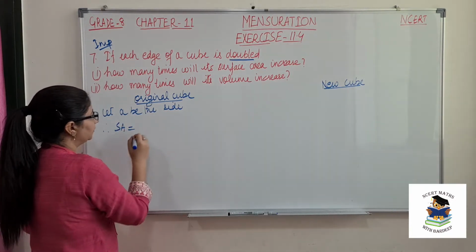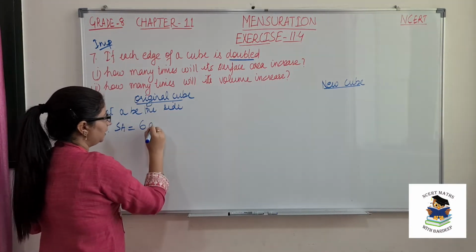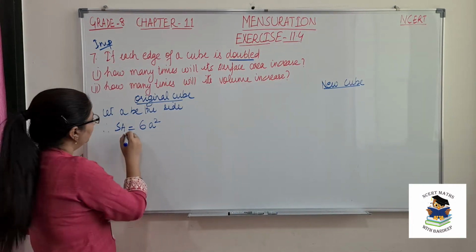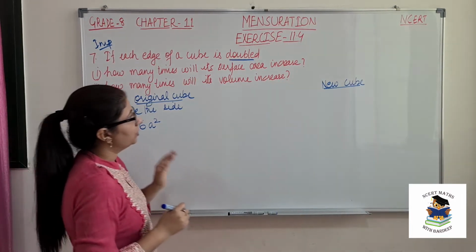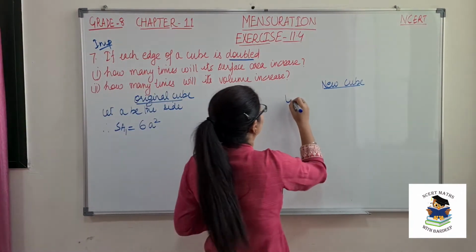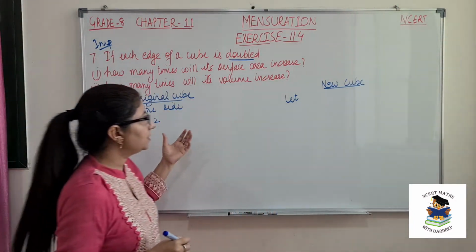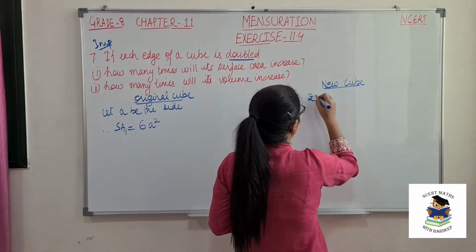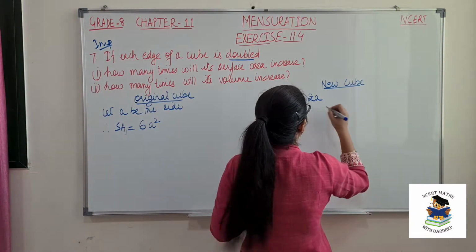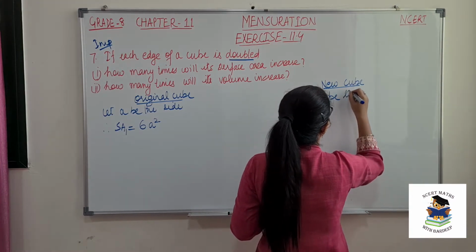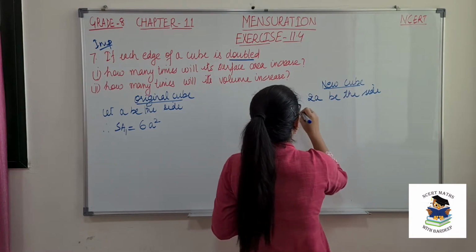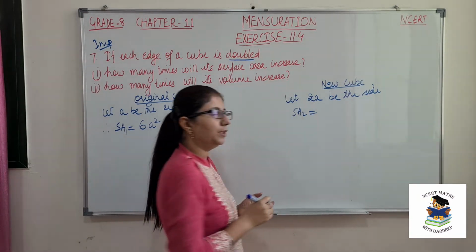Let's take total surface area. Total surface area of this cube will be 6a square. Okay, let it be 1. So now what is the length of this cube? It is doubled. So means 2a, here it is a, so here we will take 2a be the side. Then what is surface area for this?